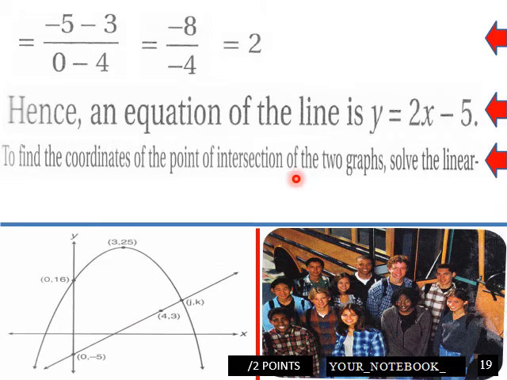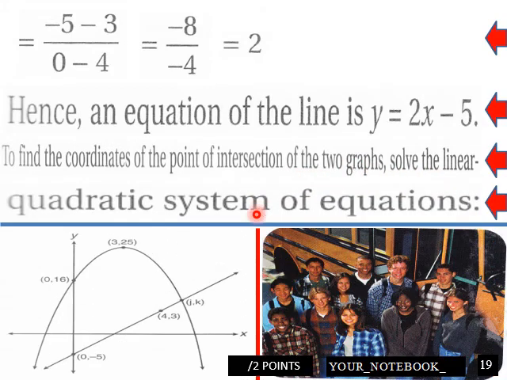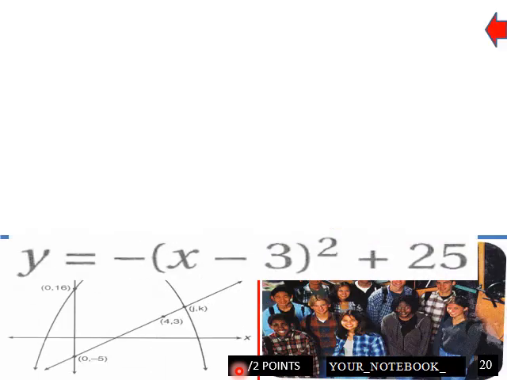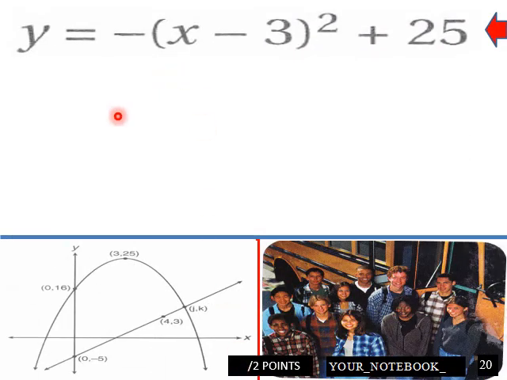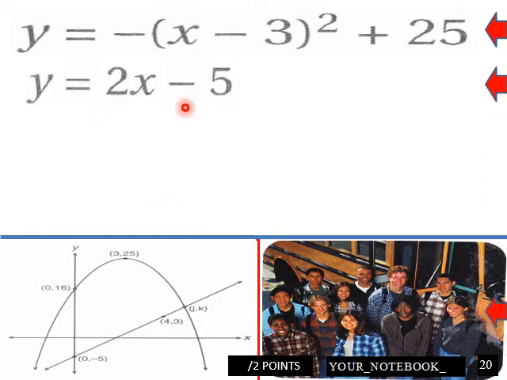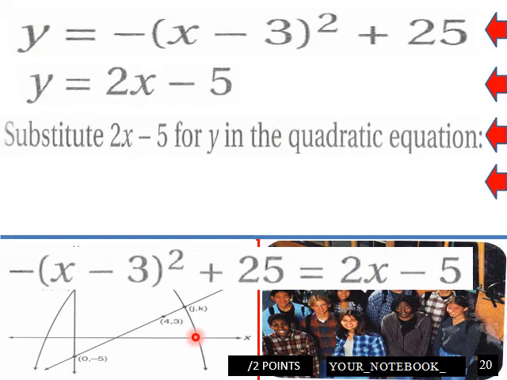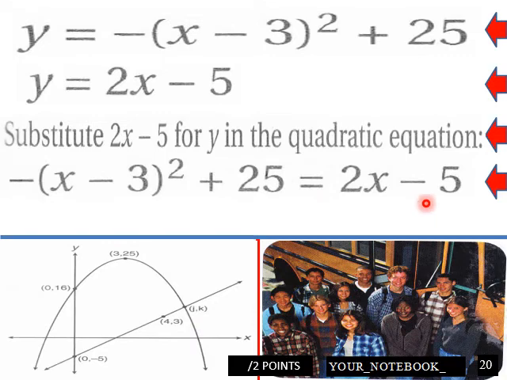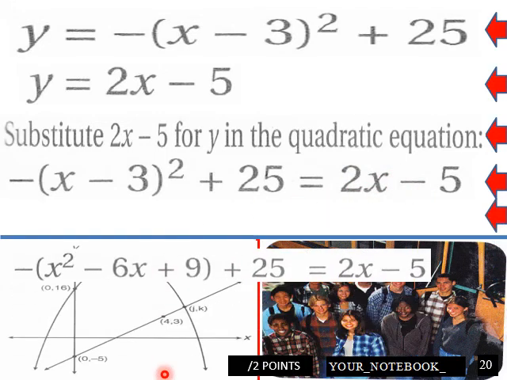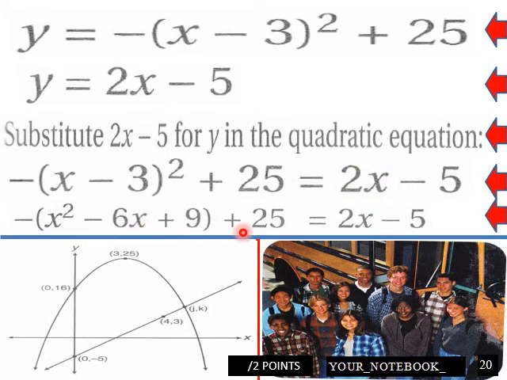To find the coordinates of the point of intersection, solve the linear and quadratic equations together. So we have y equals negative this here, and then y equals 2x minus 5. Substitute 2x minus 5 for y up there. Stick that in over here, and we have this here.